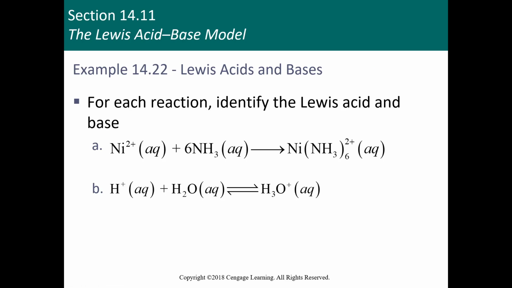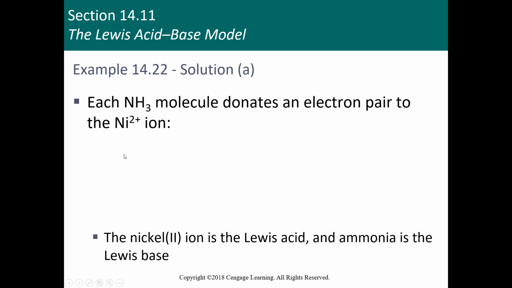Okay, so for each reaction, identify the Lewis acid and base. Hopefully this is pretty obvious to you guys when you look at these. A Lewis base has to have lone pairs of electrons. Positive things normally do not have lone pairs of electrons. Let me just go down to this.